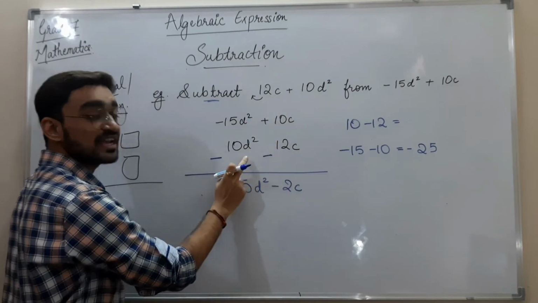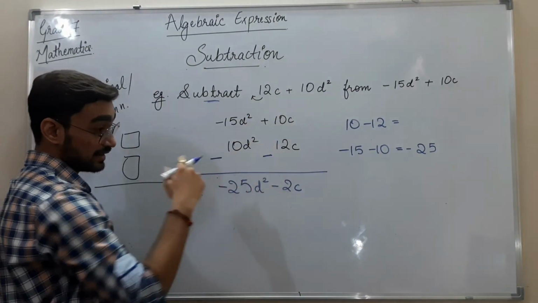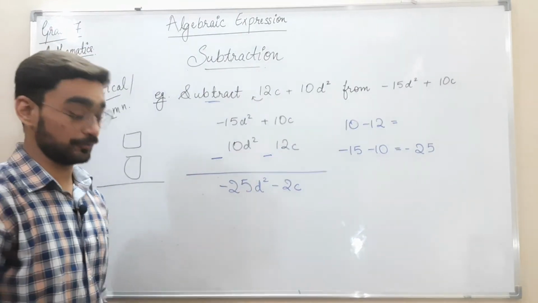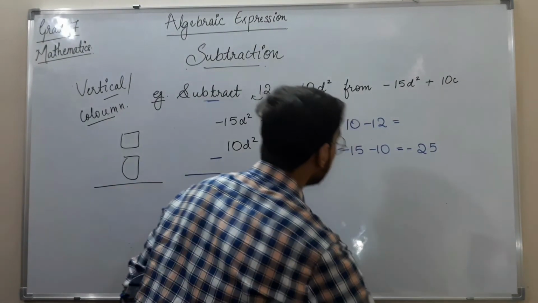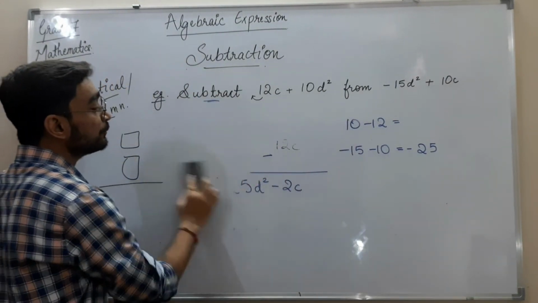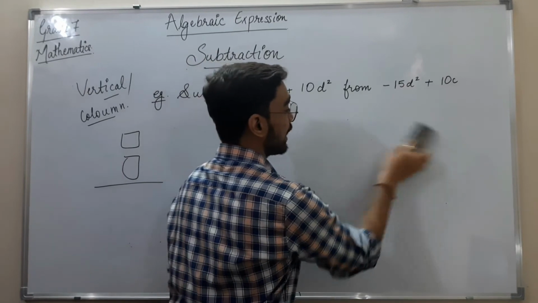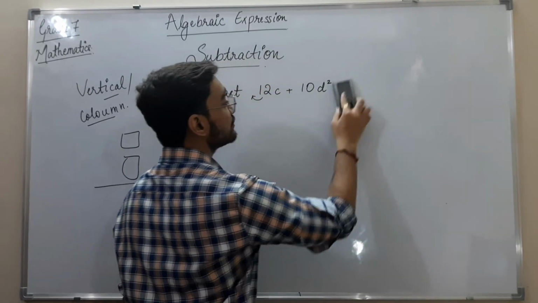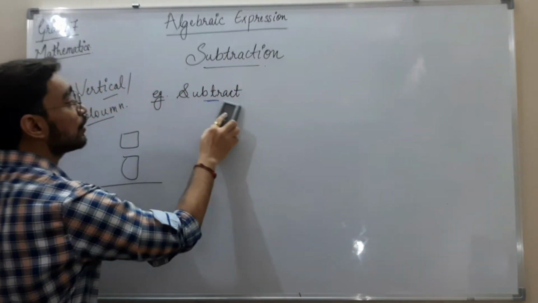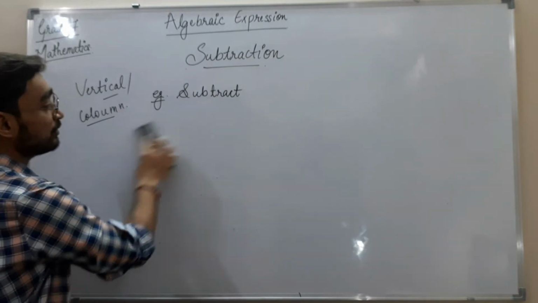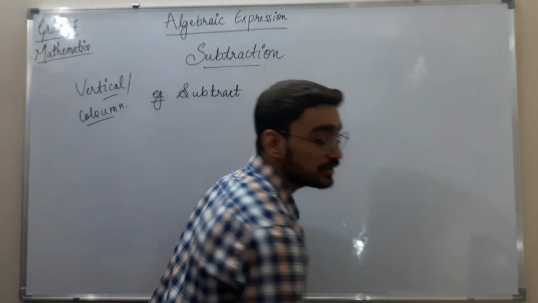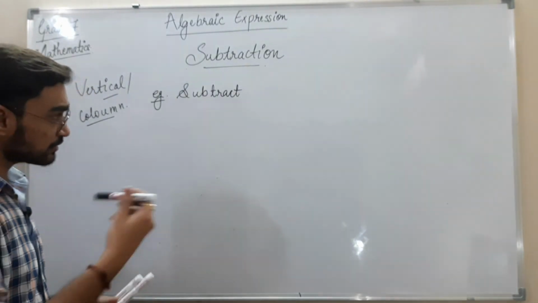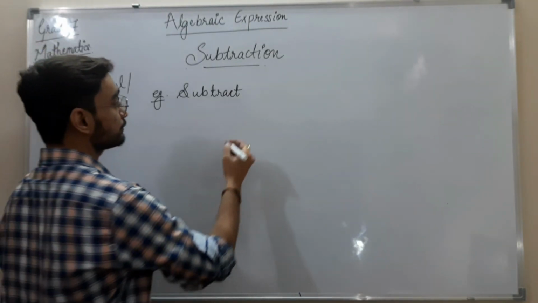So we have to change the symbol of that algebraic expression which is coming down. Plus will become negative and negative will become positive. After making the changes, we have to consider only the new symbol. We don't have to consider the old symbol. See one more example.